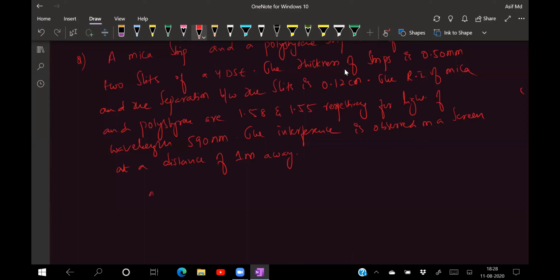First, question A: what would be the fringe width? And B: at what distance from the center will the first maxima be located?